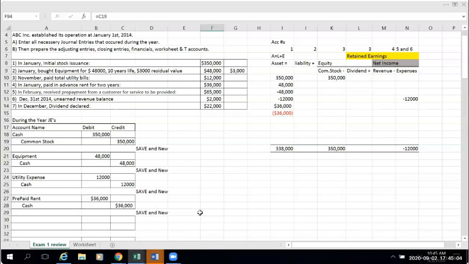If you get cash but you didn't provide any service yet, under GAAP, generally accepted accounting principles, using accrual basis of accounting, the cash that you receive will not be recognized as revenue because it's not earned. We call it unearned revenue. Unearned revenue is a liability.